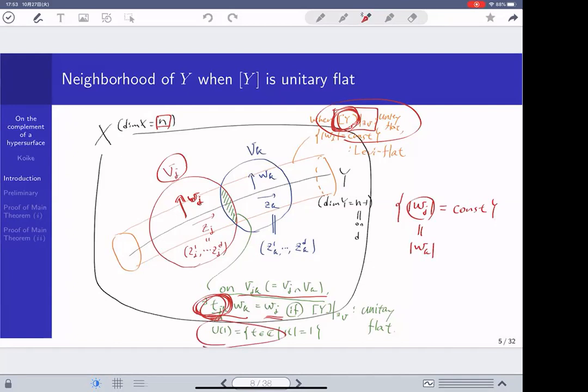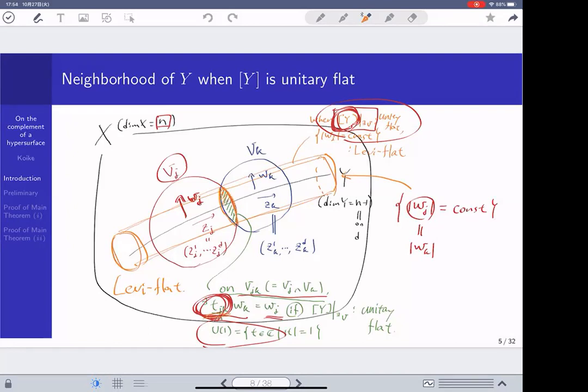So this one defines a real hypersurface, which is what I called Levi-flat. So is Tjk constant just on Y, or on a neighborhood? Tjk is constant on a neighborhood, not only on Y. That is an important part.